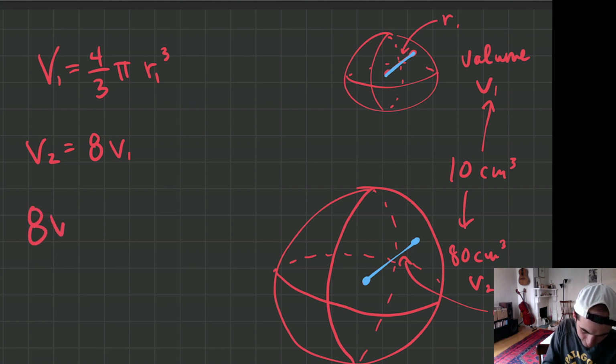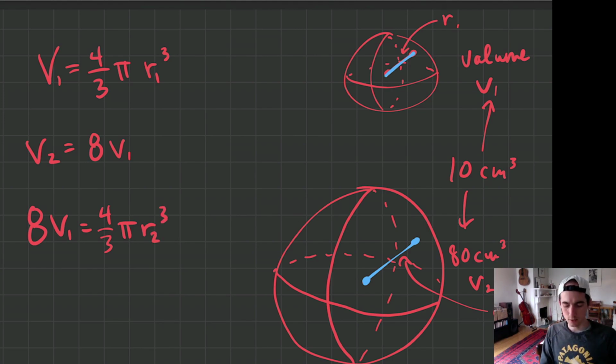I've got 8 times v1, that's my new volume. That's going to be equal to 4/3 pi r2 cubed. Our second volume, and we want to figure out how this is related to our original radius.